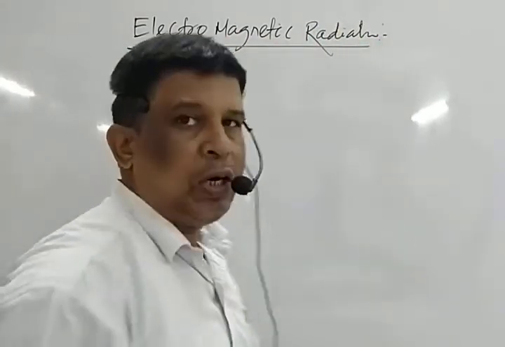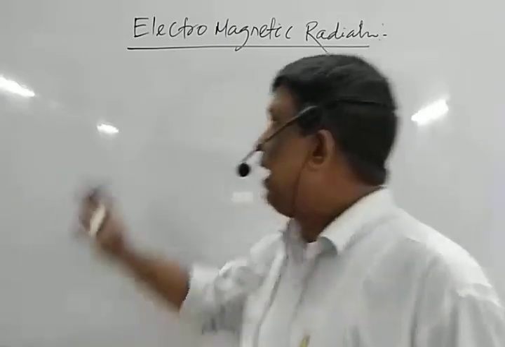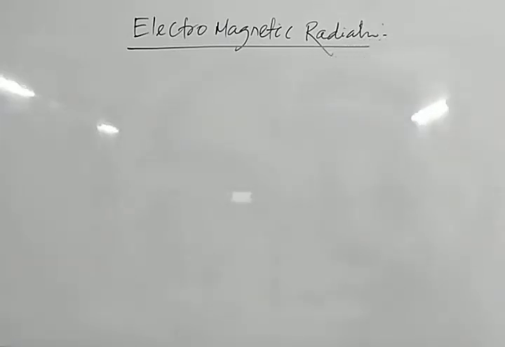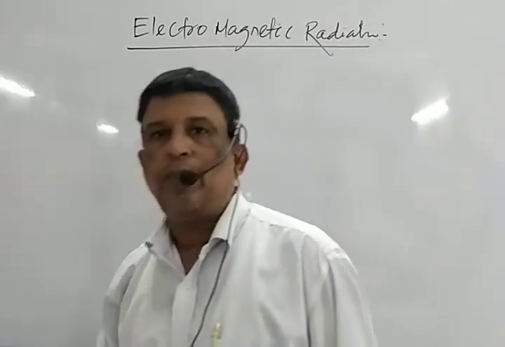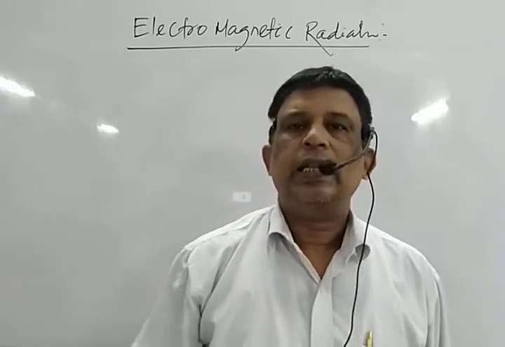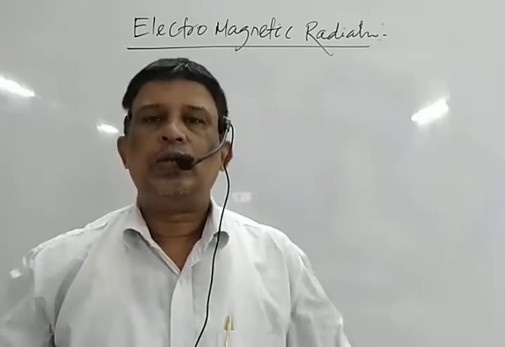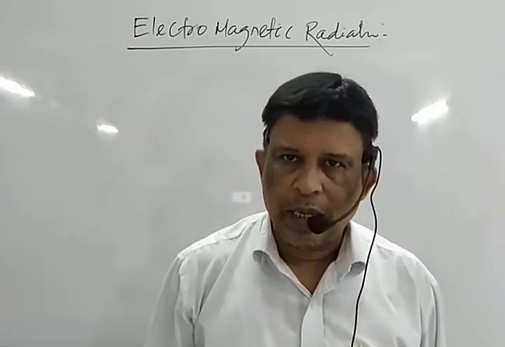So what do we mean by the term electromagnetic radiation? Electromagnetic radiations are the energy radiations which do not need any medium for propagation. That is UV ray, IR ray, X-ray.